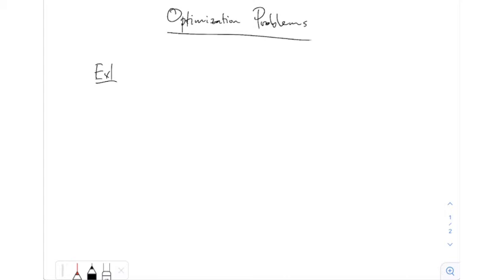Last time I wrote this down, I'm just going to write it again. This is about my maple syrup business. When I make x jars of maple syrup, my profit is f of x equals minus 6 minus x squared plus 40x.